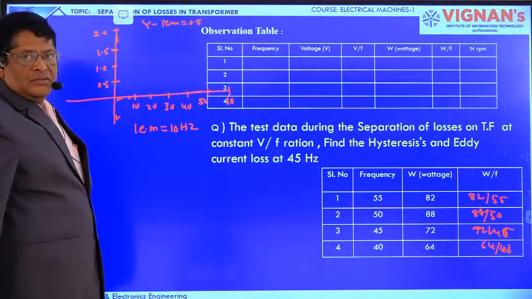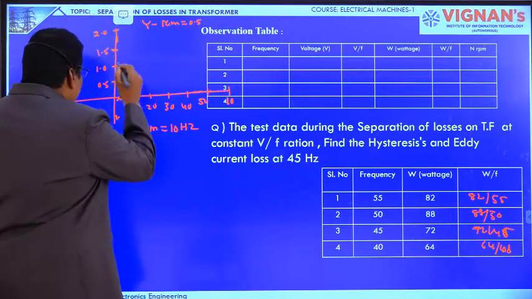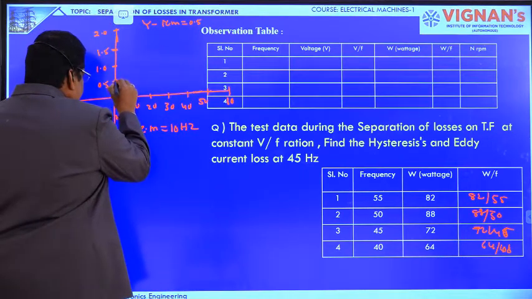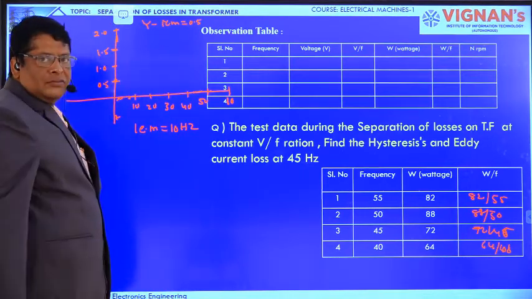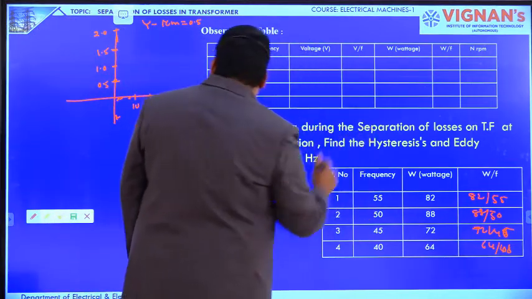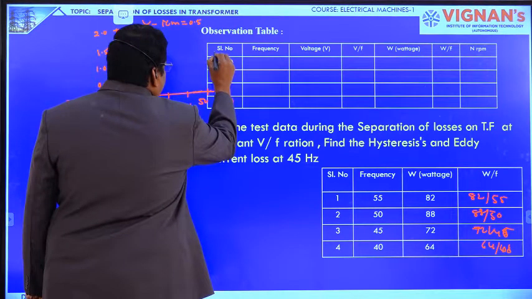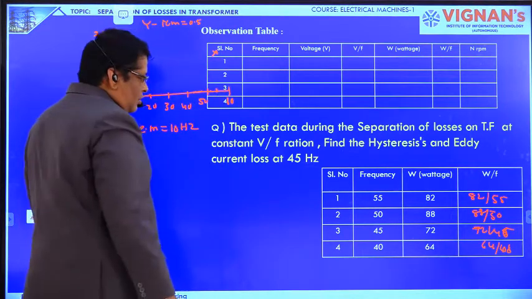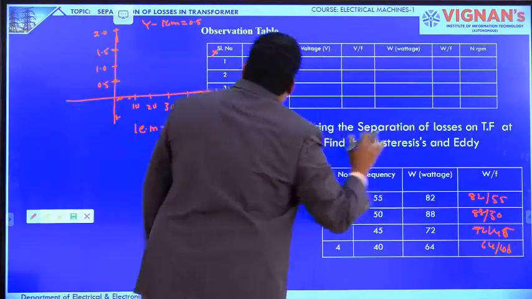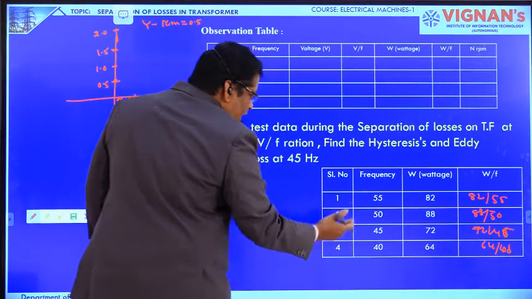In this manner, for the first point, we are getting a value at 55. The second point, 50, and some value.